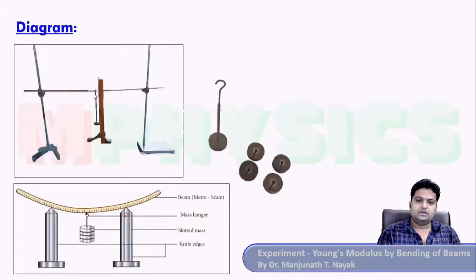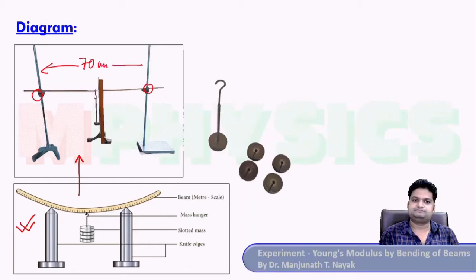So this is the diagram that you will be drawing, and this is how it will look when you do the experimental setup. You will have these knife edges at the two ends, at a distance of 70 centimeters. And this is the hook, on which we have this.